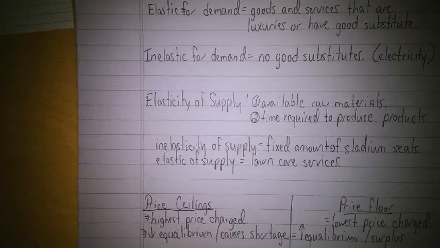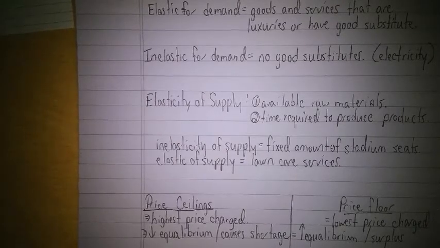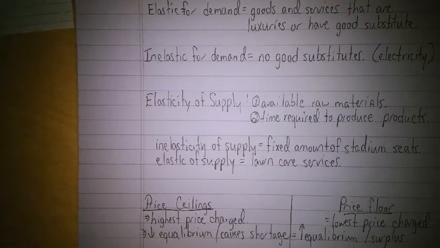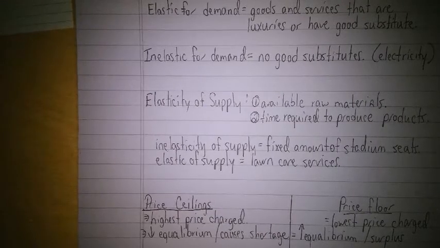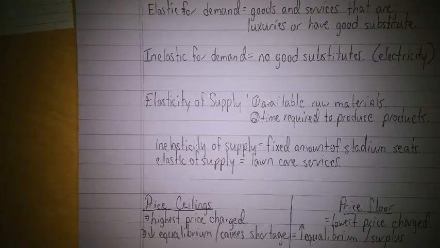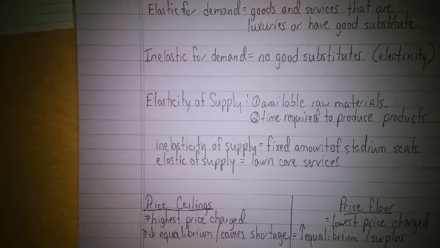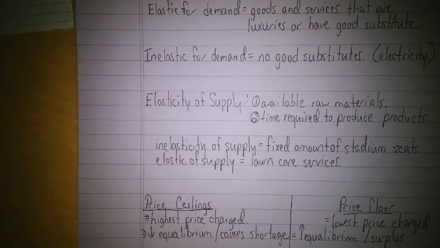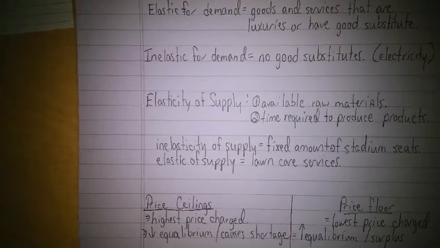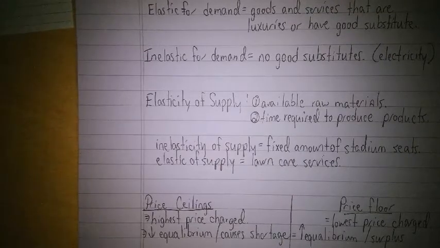So rent control has resulted in a shortage of apartments because they require owners to accept a price that is lower than the equilibrium. Well, you guys know as well as I do, if the price is low, what's the demand going to be? It's going to be really high, right? So it's going to create a shortage when you set a price ceiling because they set it below equilibrium, which means people can get it for a lower price than what they normally would.